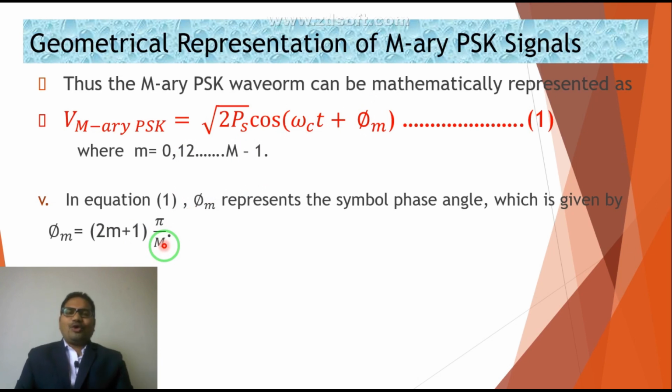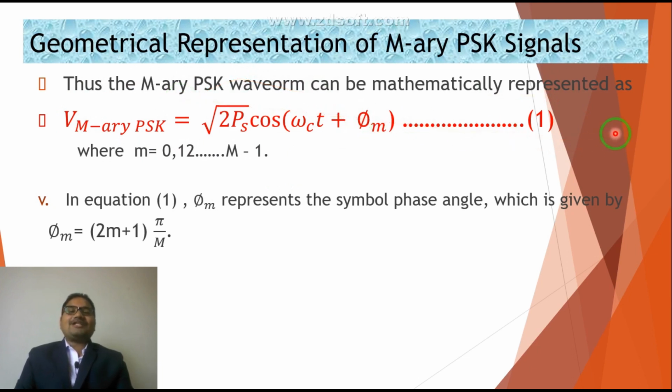But over here we don't know, so we represent the symbols by M. M possible symbols are there. So that's why phi m would be (2m plus 1) pi by M. Sorry, m goes 0, 1, 2 up to M minus 1, that is M total symbols. Please note it down. I hope you understood this equation of M-ary PSK.